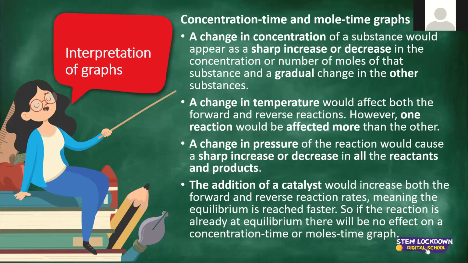Adding a catalyst increases both the forward and the reverse rate in the same manner, because remember, a catalyst decreases activation energy. So both of your reactions will increase, and they will increase by the same amount. And that is how we distinguish between a temperature and a catalyst change. The catalyst increases both the same way, while temperature only increases one more than the other.